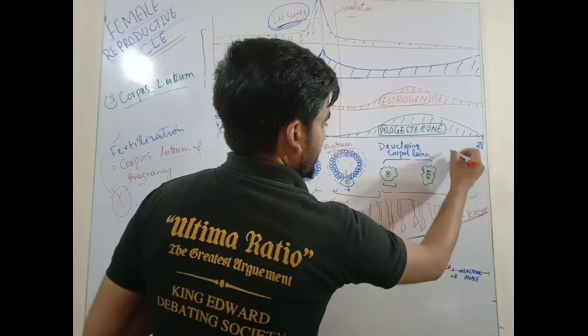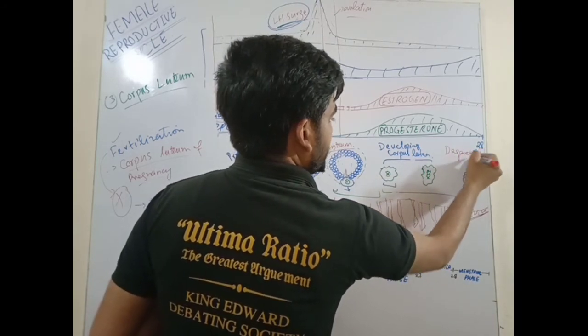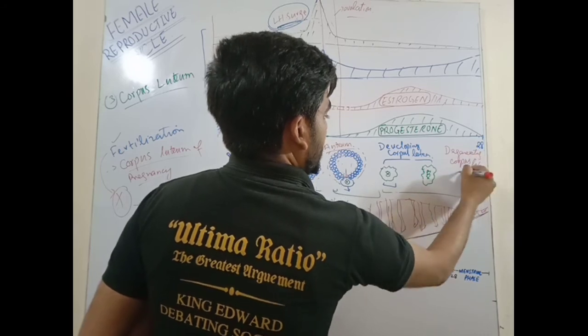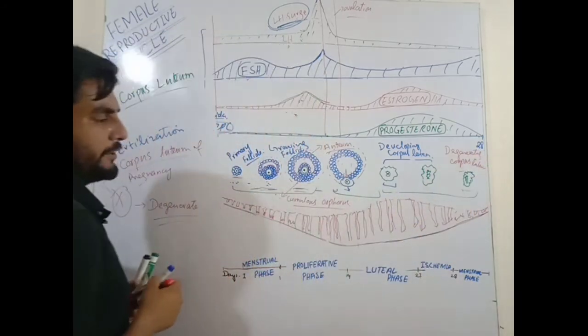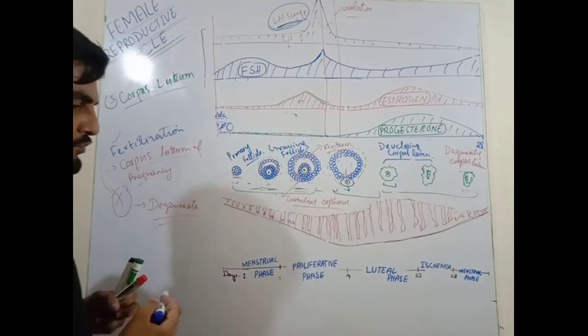This is the degenerating corpus luteum, and it is then excreted out during menstruation.